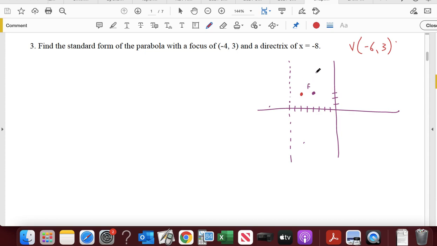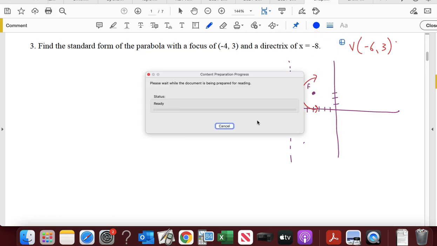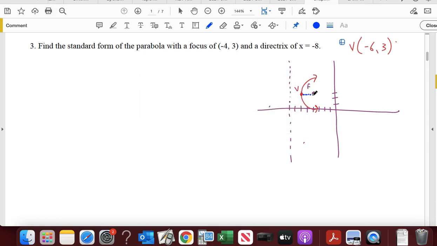And I know this is a sideways parabola like this, because from the vertex here to the focus, our parabola curves around the focus. And the final thing we need is this distance, because this distance right here, that's p. So I know, because that was 2, that p is positive 2.